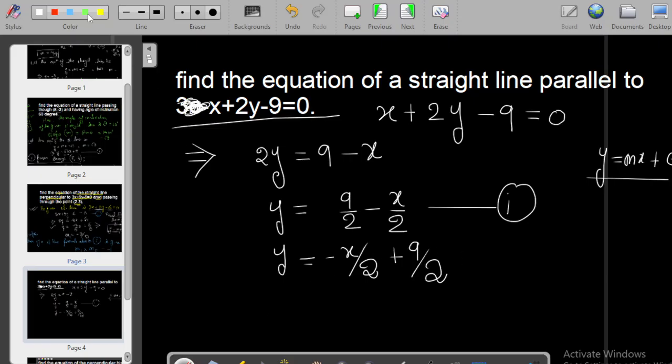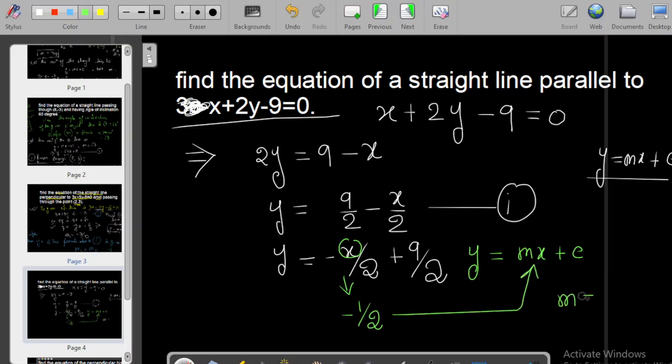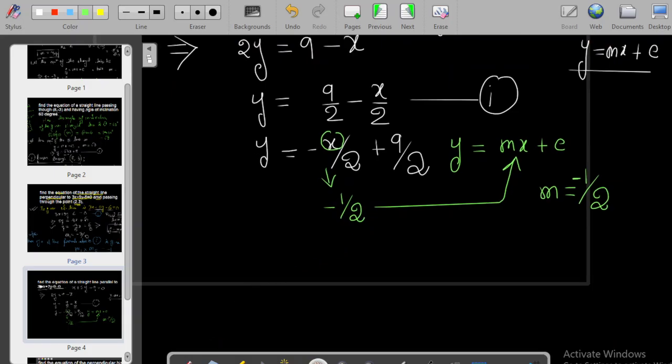Comparing this with the slope intercept form of a straight line, y is equal to mx plus c, we can see that whatever is attached to this x, that is minus 1 upon 2, is nothing but this m. So here we can see this m, that is the slope, is minus half. If a straight line is parallel to a straight line, then the slopes are equal.